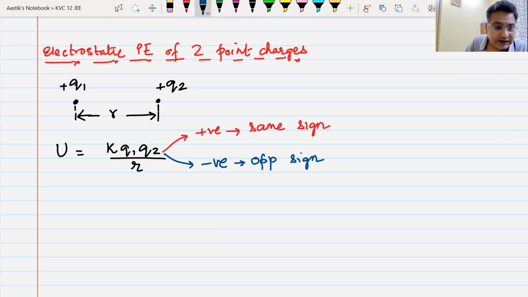How will you find the electrostatic interaction energy of more than 2-point charges? How will you find out the potential energy of a system of, let us say, 3 or 4 or 5-point charges?